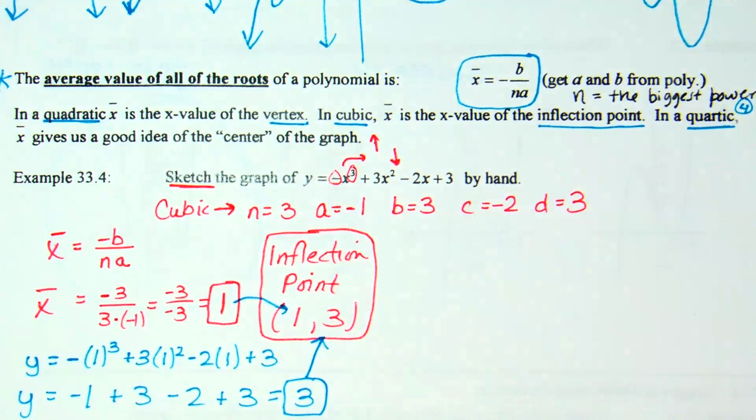Okay, let's see. There's probably one other easy thing that we can tell just by looking at our graph or at our equation. You guys remember how to find a y-intercept? Officially, the y-intercept is wherever x equals 0.